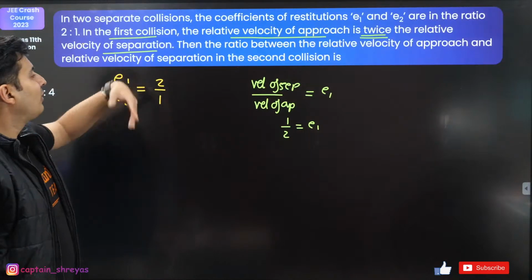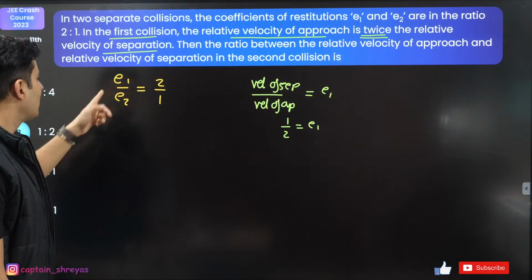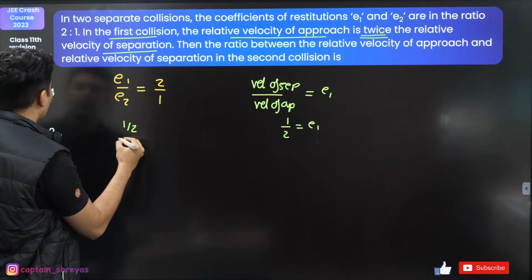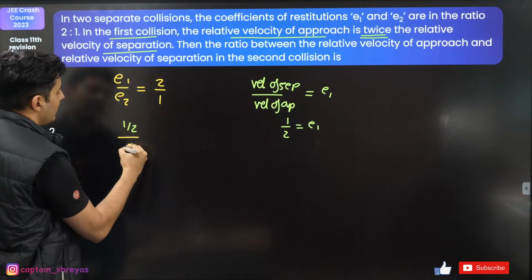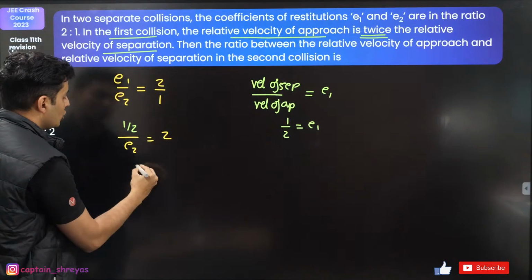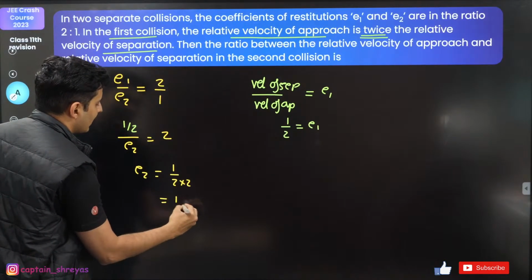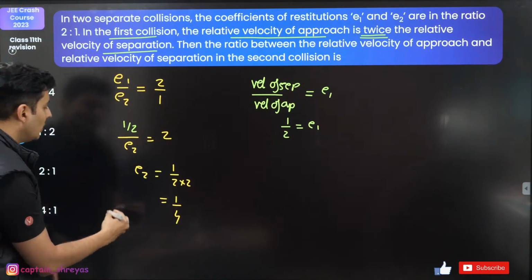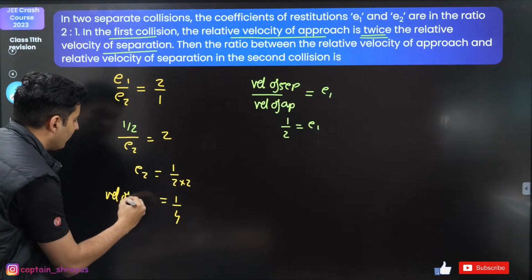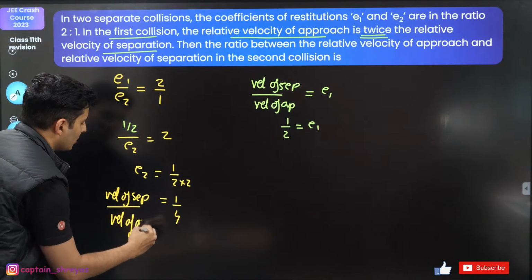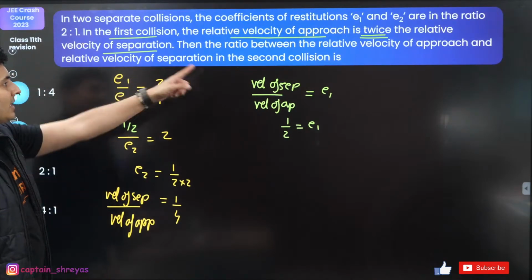So the question is, for the second collision, what is the situation? Okay, from this, substitute E1 is equal to half here. Rest of the things is as it is. So E2 will be 1 by 2 into 2. So it is basically 1 by 4. So E2 is nothing but velocity of separation upon velocity of approach in the second collision.